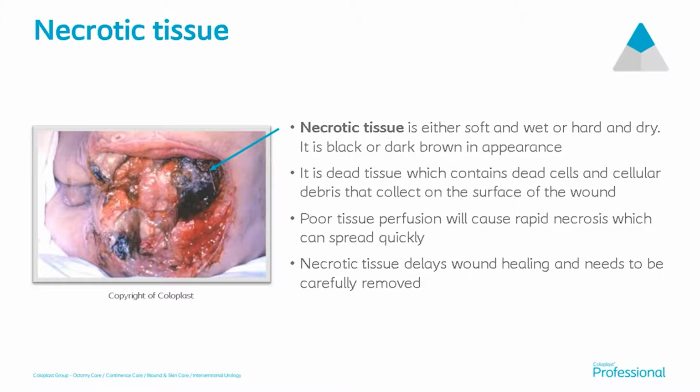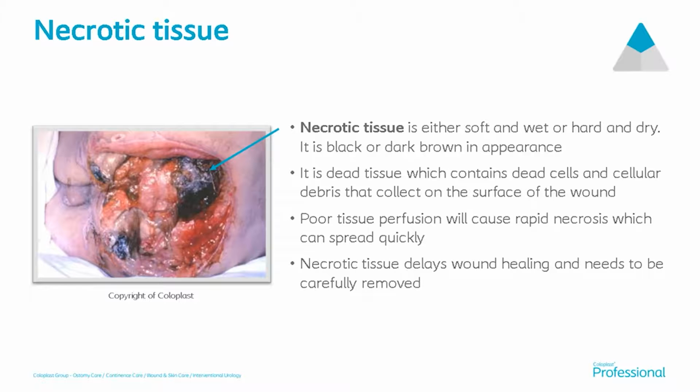So necrotic tissue is either soft, wet, hard, or dry, but it's normally black or darker brown in appearance, and it's devitalised tissue, it's dead tissue. It contains the dead cells and debris, and it can collect on the wound surface and actually prevent the wound from healing.